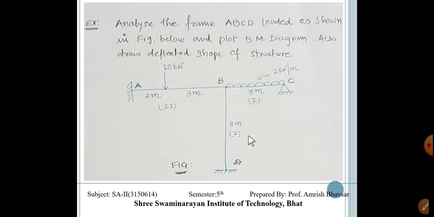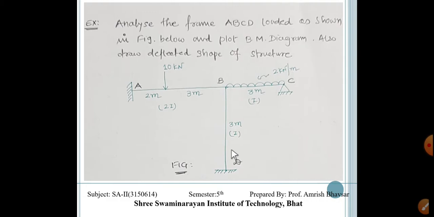Now, whenever we have this kind of case, first we have to check whether this frame is sway or non-sway. So, how can we get the idea about sway and non-sway? First of all, here we have only a single column.